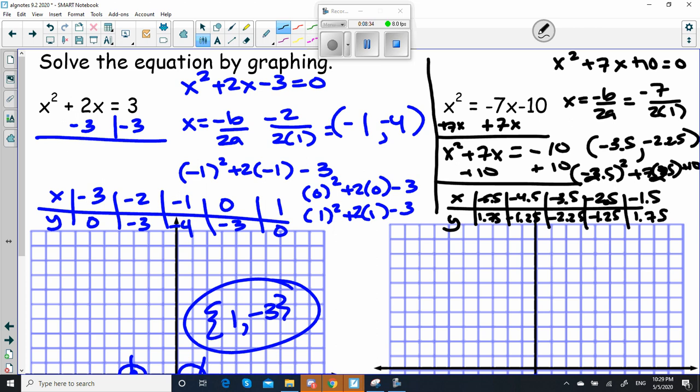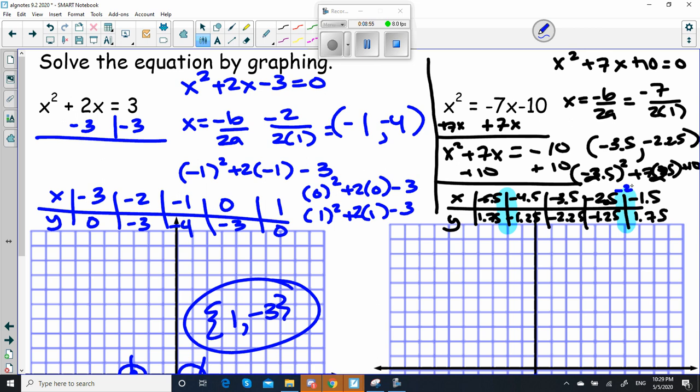Yeah, that's exactly right. So we don't have a specific 0, but we can tell that it crosses in between here. We just don't know exactly where. We could maybe try -2 and see if we can get -2 to work. Let's try that because -2 is between -2.5 and -1.5.